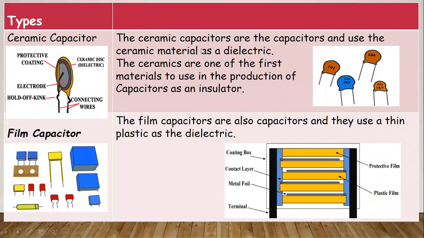Now, ceramic capacitors. Ceramic capacitors are capacitors which use ceramic as a dielectric. They are one of the first materials used in the production of capacitors as an insulator. Film capacitors are also capacitors. They use a thin plastic as the dielectric between them.